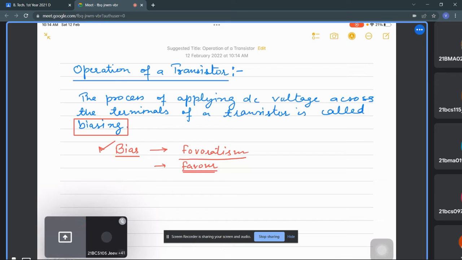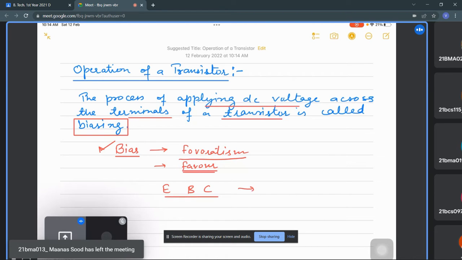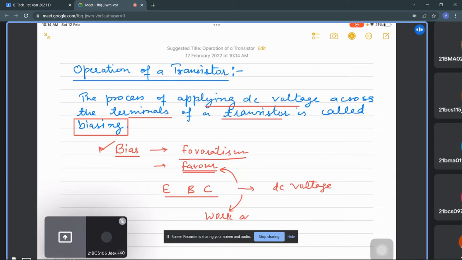Okay, so same here, we are favoring the transistor by applying DC voltages across its terminals. What are the terminals? We have three terminals: emitter, base, and collector. We are applying the DC voltages across it in order to favor it. Why do we want to favor it? So that it can work as per our choice. Okay, so that is why the term biasing is being used.